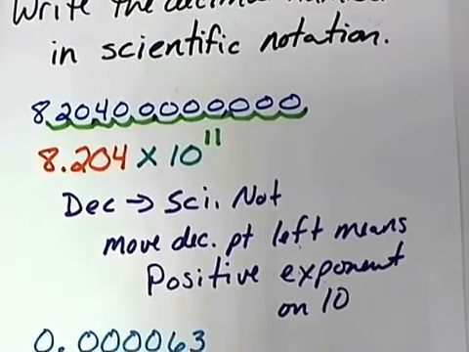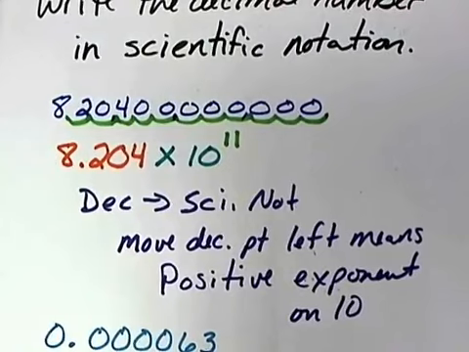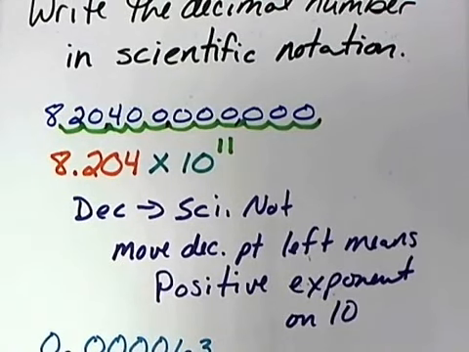Before, when we had scientific notation, we moved to the left when we had a negative. Now it's reverse.